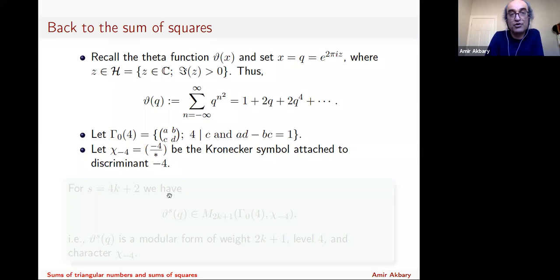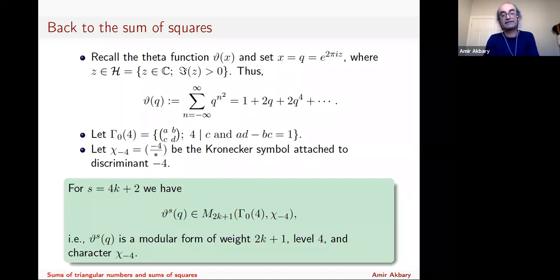And then we can show that this theta q as a complex function satisfies some very interesting property. In fact, to be a little bit more general, I'm going to consider a special case here, s equal to 4k plus 2, and I'm raising this theta to the power s.